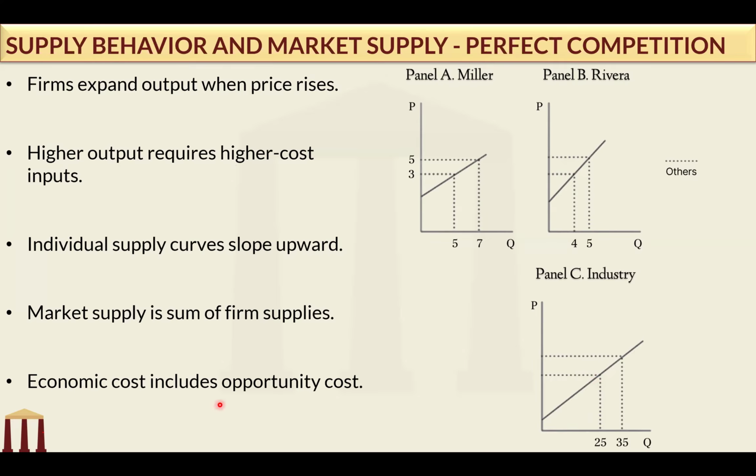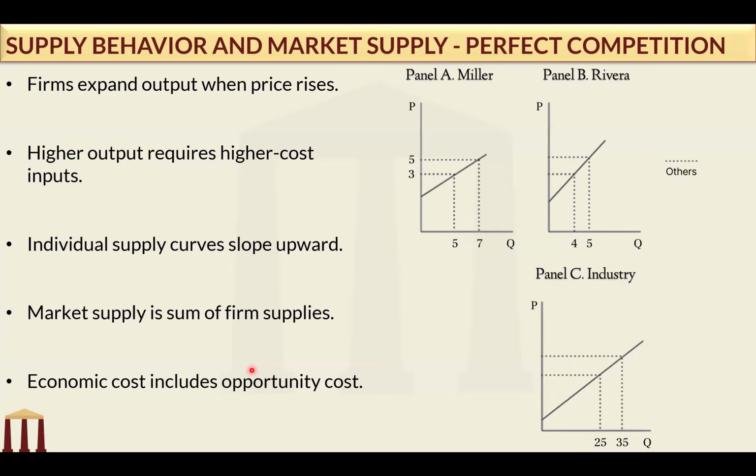Economic cost will include opportunity cost as well. You remember from the last class, we have discussed this. Accounting cost was something else, economic cost was something else. Just like accounting profit versus economic profit, you have accounting cost versus economic cost. Economic profit as well as economic cost include opportunity cost. What was opportunity cost?